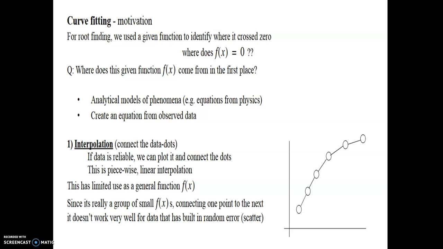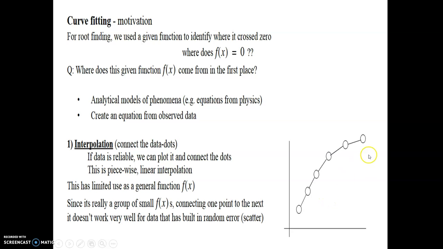Now interpolation. You have also seen interpolation. What is the meaning of interpolation? See, we have dots. These are the circular dots or circles. They are different points: x1, y1, x2, y2, and so on. If we have reliable data, we can plot and connect the dots.